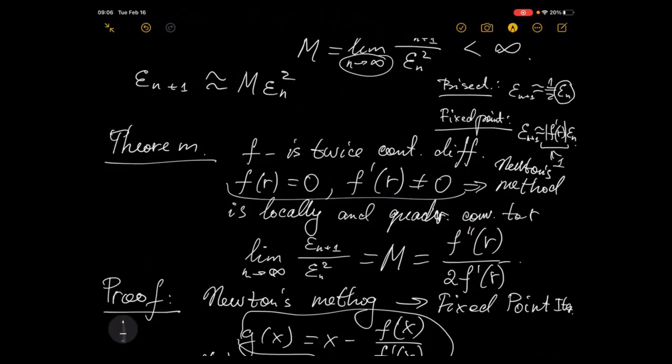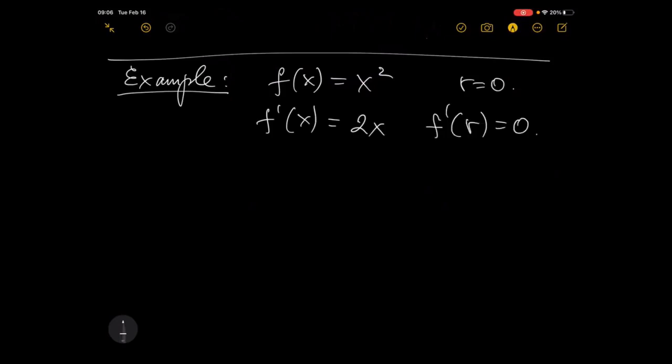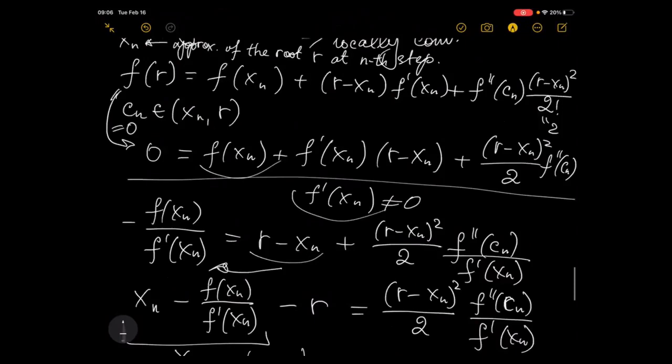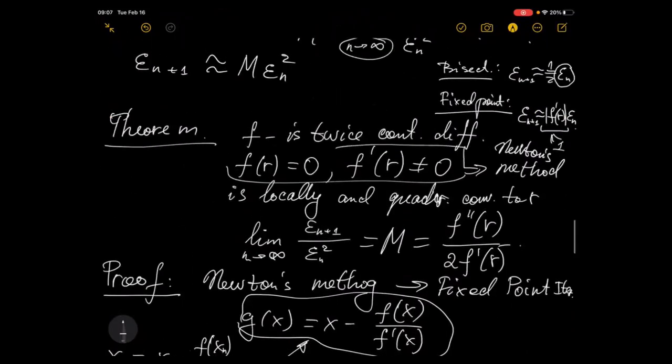Yes, because the obvious root here is r equal to 0, but the derivative is 2x, so f prime at r is equal to 0, right? So this condition is violated, and the previous theorem about quadratic convergence is not applicable here.